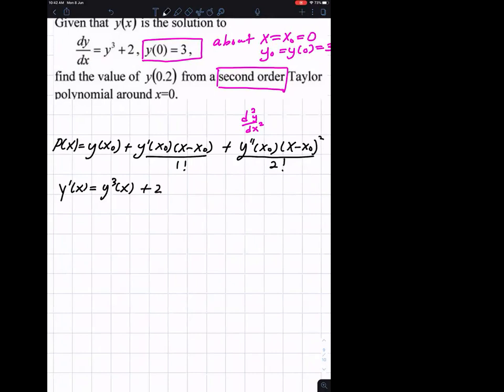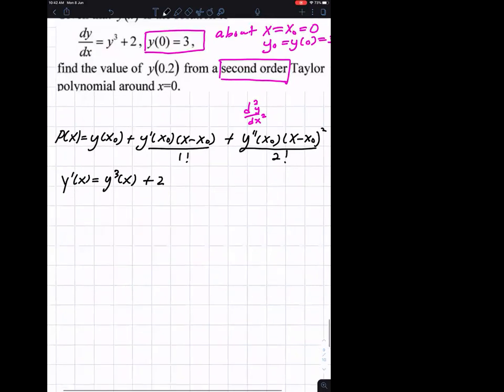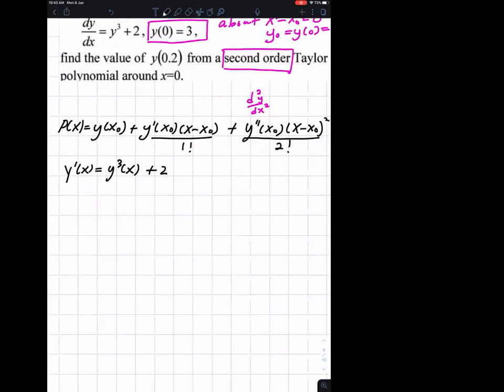Plus 2. Then y double prime(x) is taking the second derivative. The derivative of 2 with respect to x is 0 because it's a constant.